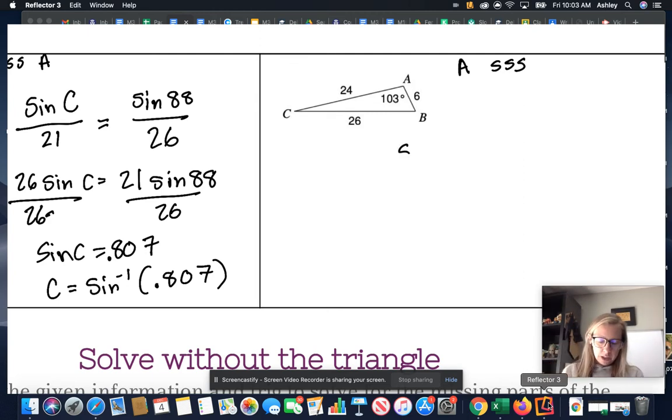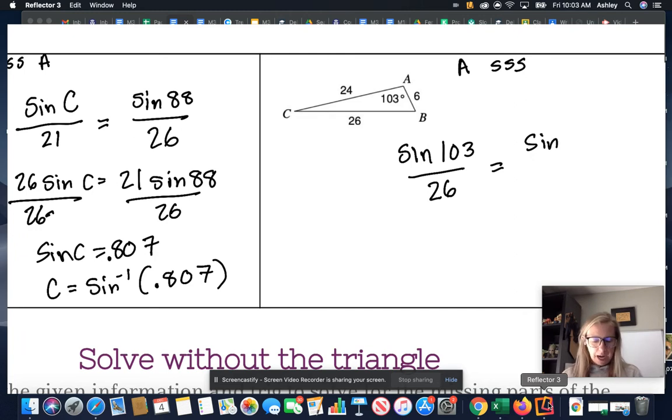Okay, so we're going to do sine of our angle A, which is 103, divided by its opposite side of 26, is going to be equivalent to sine of, let's go ahead and solve for angle B this time. So now we're going to do sine of B divided by 24, its opposite side.